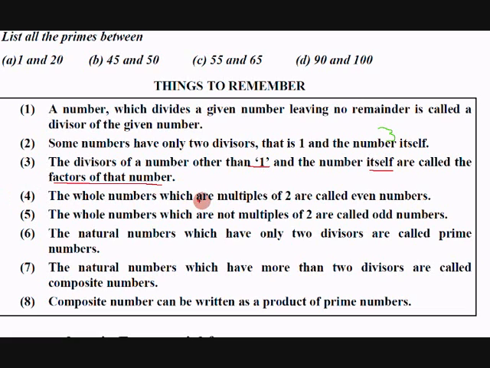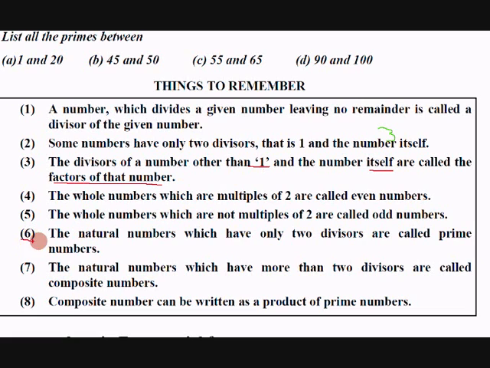Point 4, the whole numbers which are multiples of 2 are called even numbers: 2, 4, 6, 8, 12, etc. The whole numbers which are not multiples of 2 are called odd numbers. What are they? 1, 3, 5, 7, 9, like that.